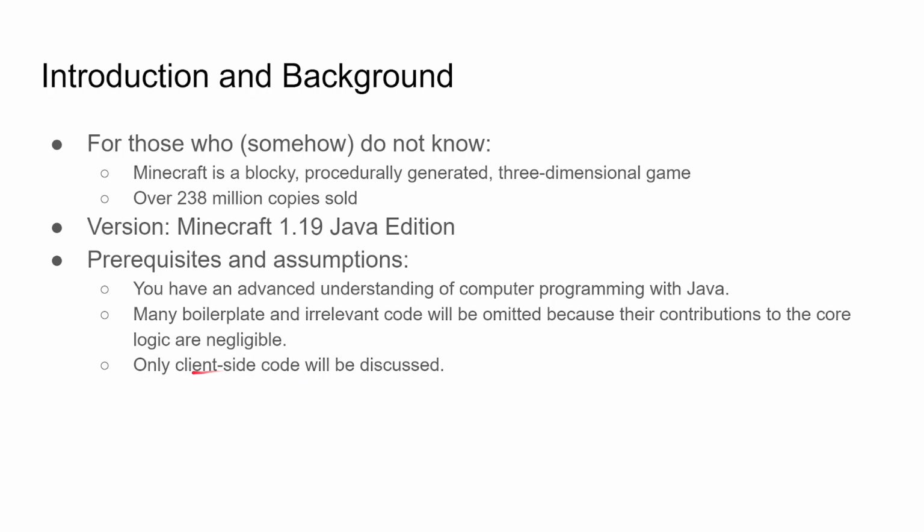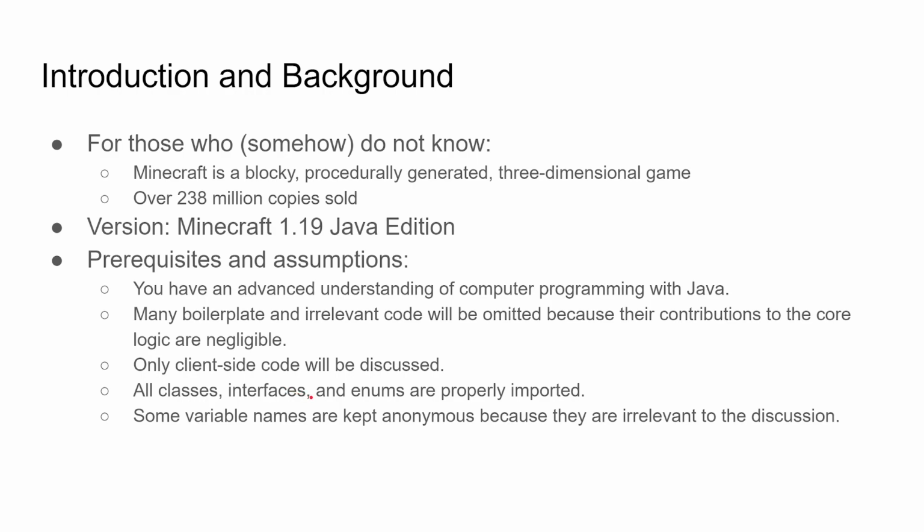Client-side is what you're actually playing, basically, what the player is actually experiencing. And then all classes, interfaces, and everything else is probably imported. So like the import statements, you don't have to worry about that. We assume it's all good. And then we will keep some variable names anonymous, so like var1, var2, var3, because again, they're just useless in the discussion. We just want to know the important stuff.